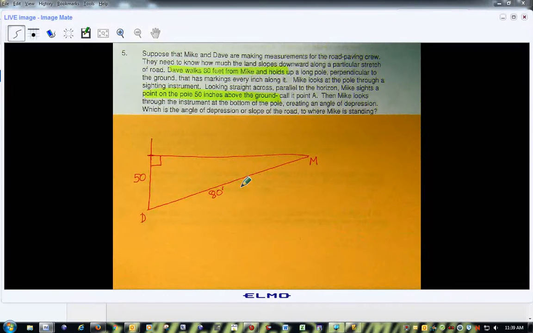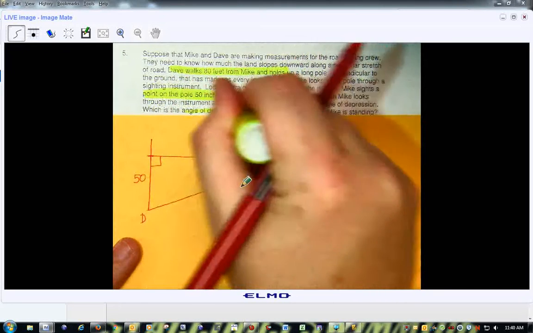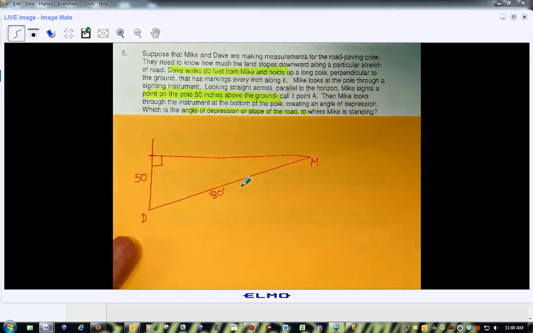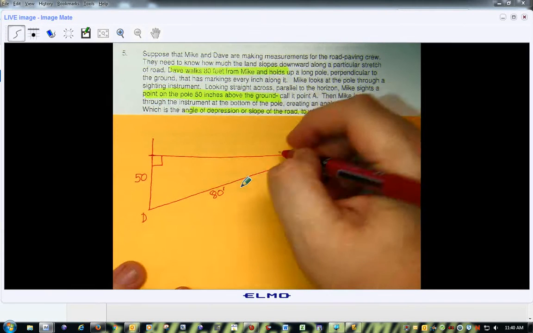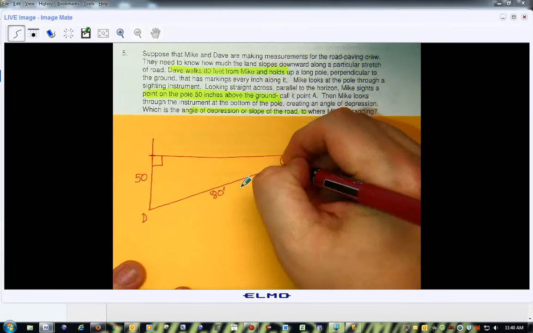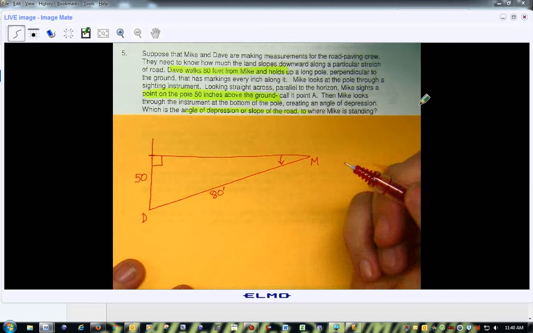So we have this, and the question says I want to find the angle of depression, or the slope of the road. It's not an "and/or" question, find one or the other. It's the same thing. We're finding an angle. So we're finding this angle right here.